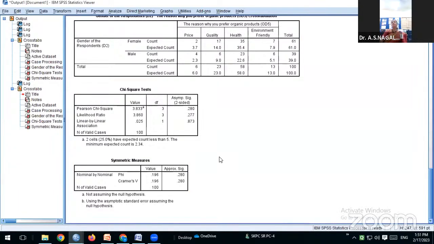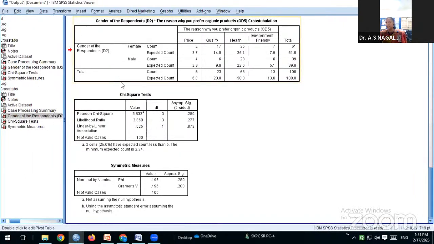For this question also, I don't find any association between the reason to choose organic product and gender. Both have a similar opinion in terms of the reason why they prefer organic product. So we have the frequency table and the chi-square value, and these two tables we will take in order to interpret.